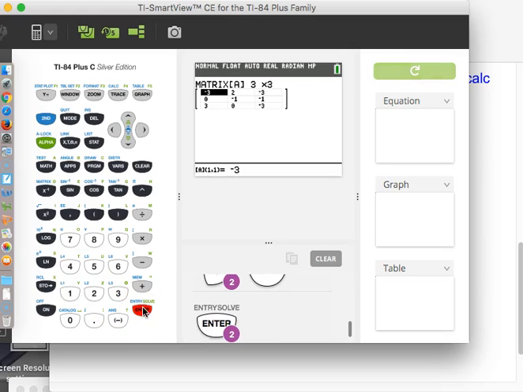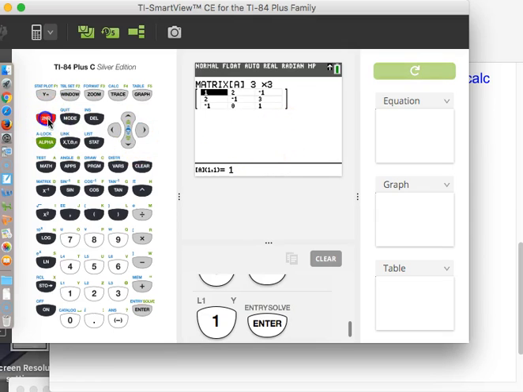And I'm sure you already have it in there. All right, first things first, we should find the determinant and make sure it's not 0.